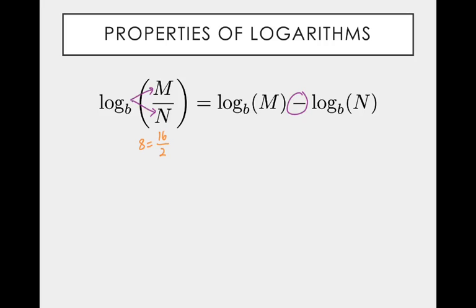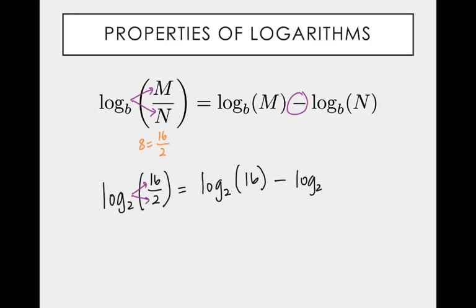So this property says that the log base 2 of 8 is equal to the log base 2 of 16, again, I'm just distributing my logarithm over division, log base 2 at the top minus log base 2 of the bottom.